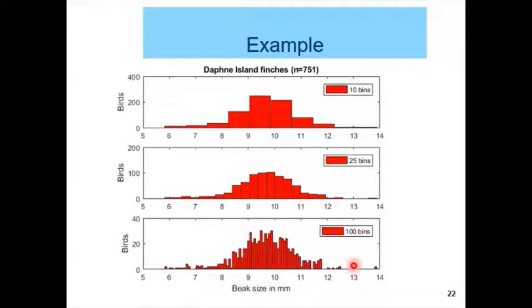And when the bins are 100, the plot looks like this. And if you use a continuous scale instead of a discrete scale, then it will look something like this.